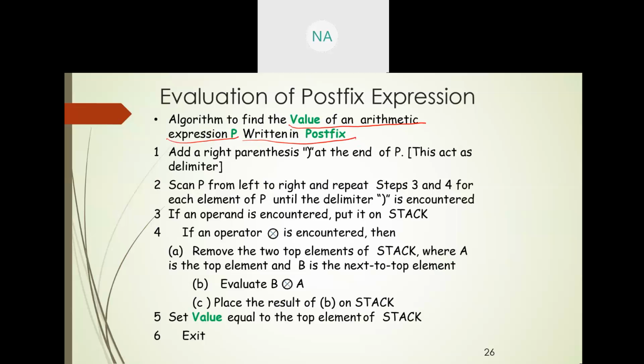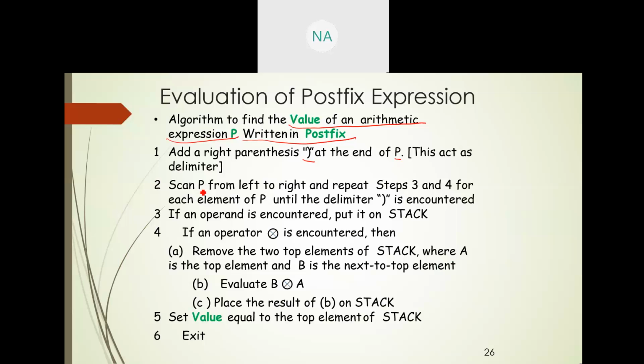Okay. So first step, add a right parenthesis at the end of expression P. This acts as a delimiter or sentinel which indicates the end of the arithmetic expression.